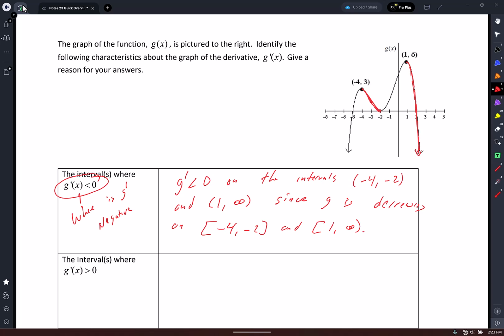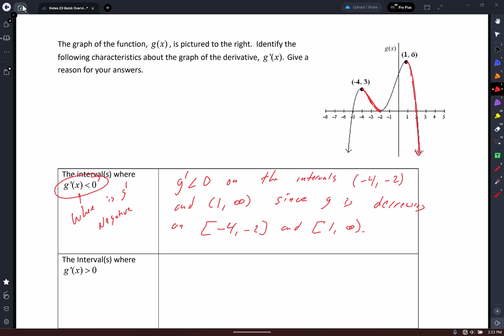So you don't include -4 and -2, and you don't include 1, because right at those values g prime is 0. But by definition, you increase and decrease on a closed interval, with the derivative not having the equal to 0, open parentheses. That makes sense? Okay. All right.